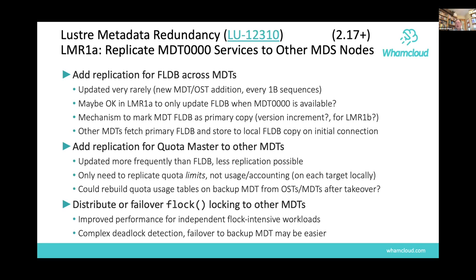There's no reason why we can't have quota ID 1 on MDT1 and quota ID 2 on MDT2, et cetera, and split the load, because they're totally independent. And so that's relatively straightforward.